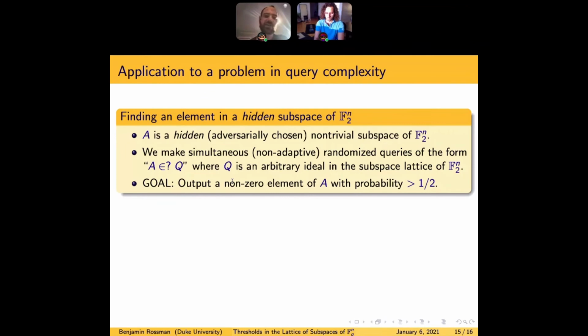We're allowed to make a batch of queries simultaneously, so non-adaptively, and our queries can be randomized. The goal is to output a non-zero element of A with probability at least 1/2, so to find some witness in a hidden non-trivial, non-empty subspace of dimension at least 1.